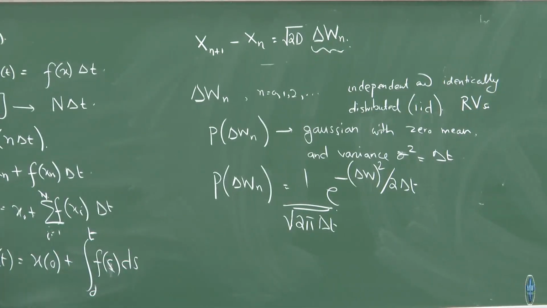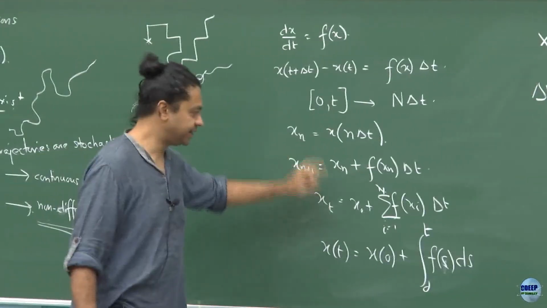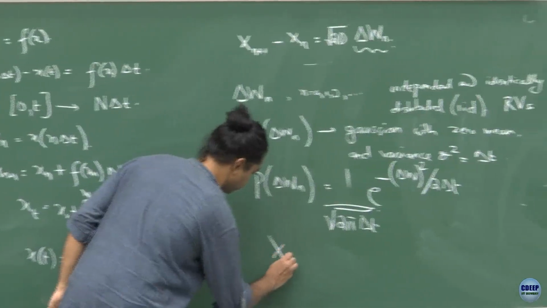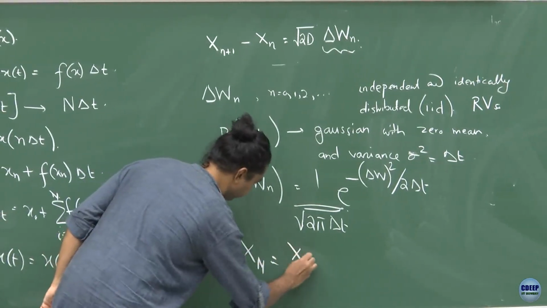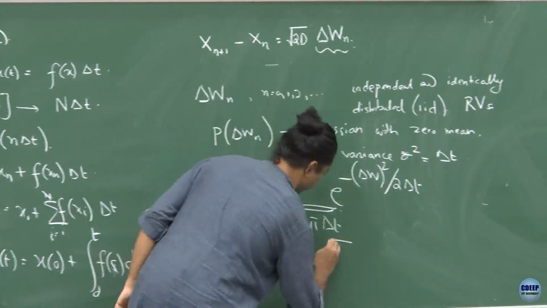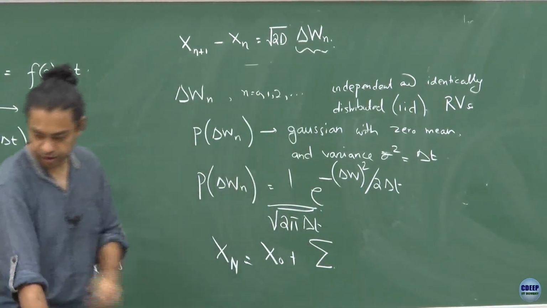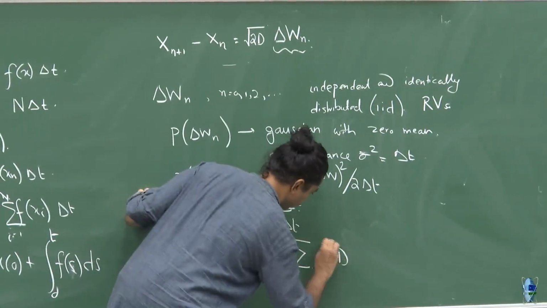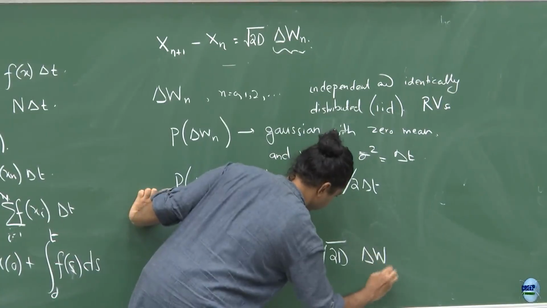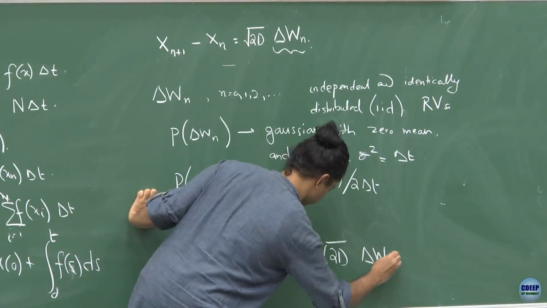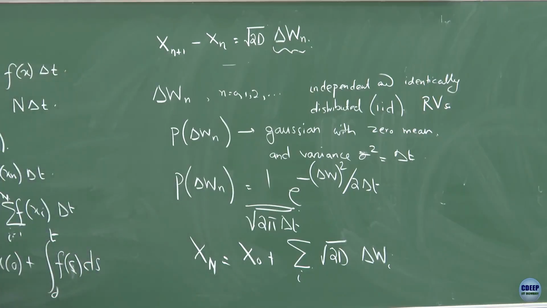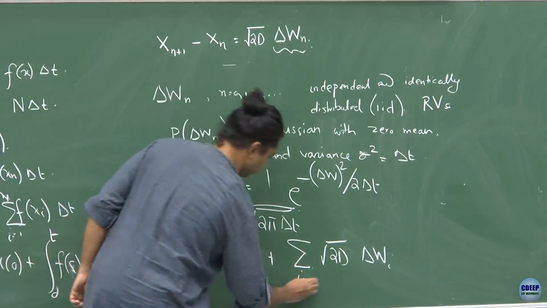Again, if I were to iterate, I will get that x of n is x of 0 plus the summation over i equal to 0 to n of square root 2d delta w i.